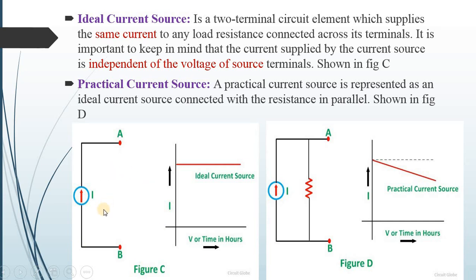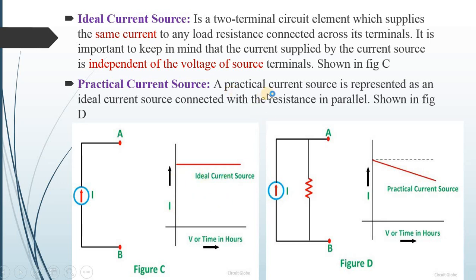See figure C, if you have an ideal current source and we apply a voltage across the points, it is observed that as voltage increases or decreases, the current of that source is constant. So such a source is called an ideal current source.